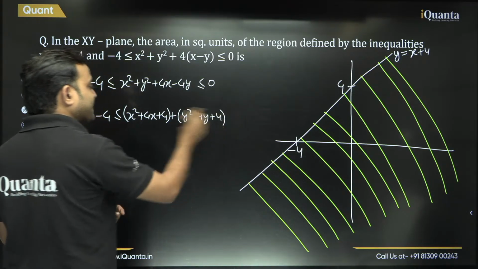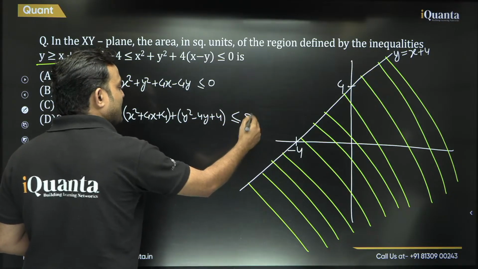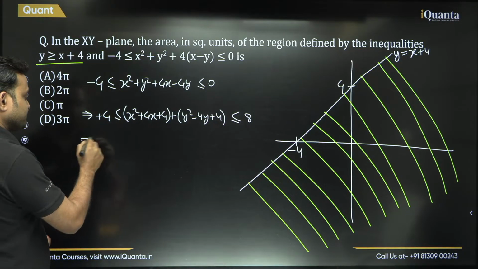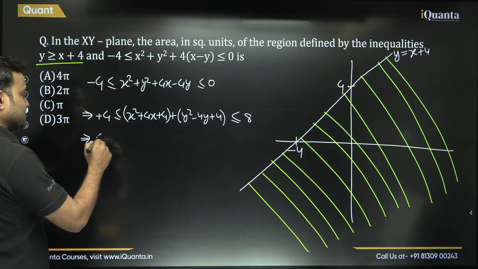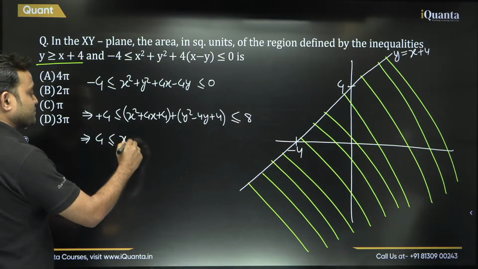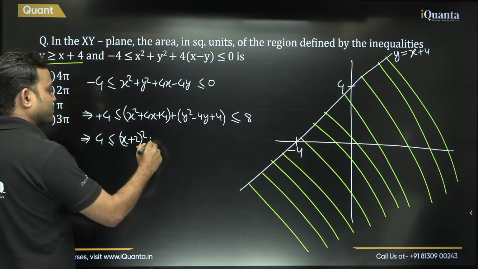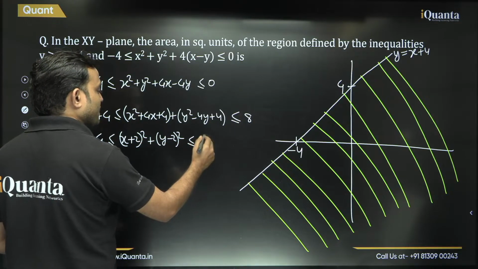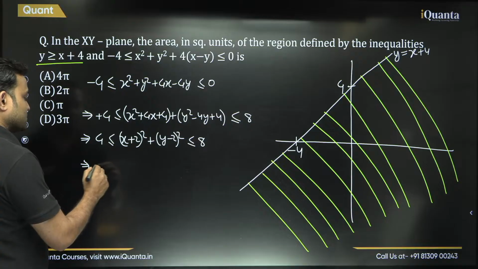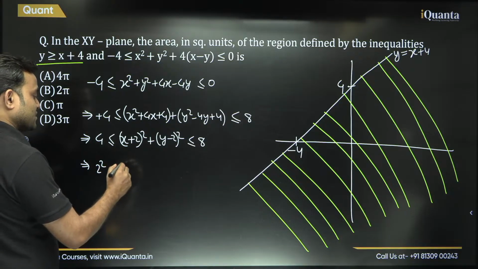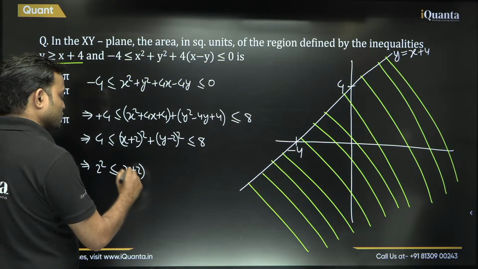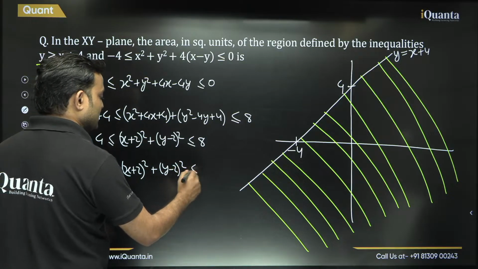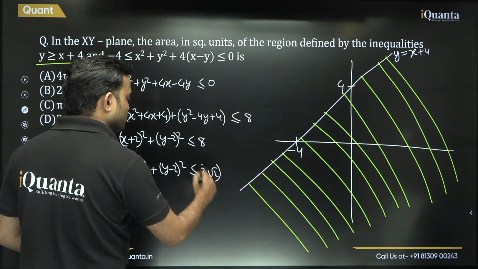Now I am adding 8 extra, so I will add 8 on both sides, so this will become plus 4. Can I say this will be x plus 2 whole square plus y minus 2 whole square is less than or equal to 8? So this will be 2 square is less than or equal to x plus 2 whole square plus y minus 2 whole square less than or equal to 2 root 2 whole square.